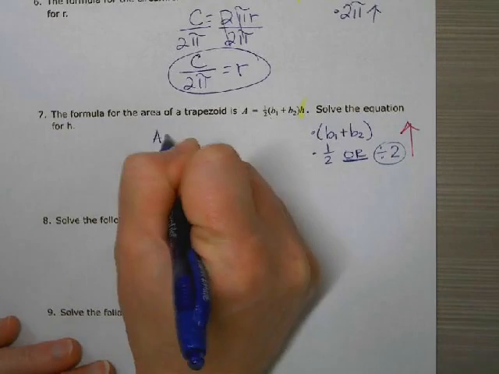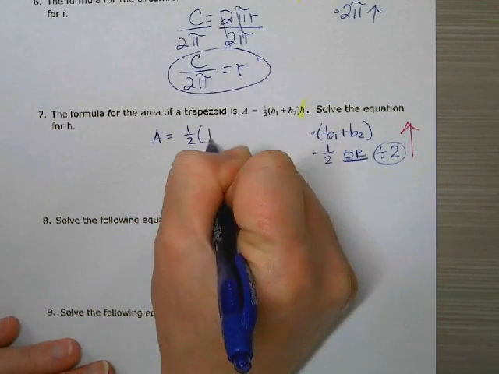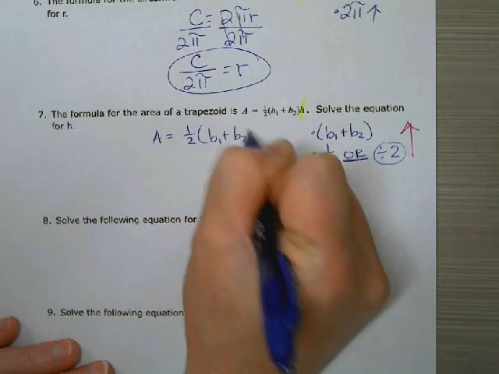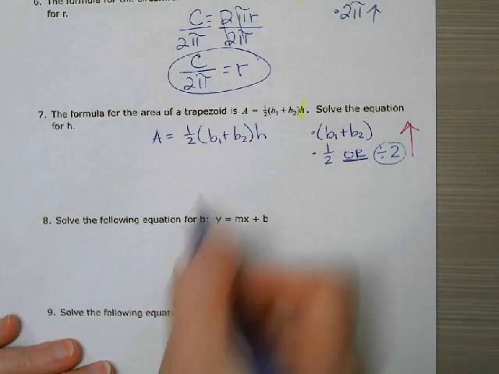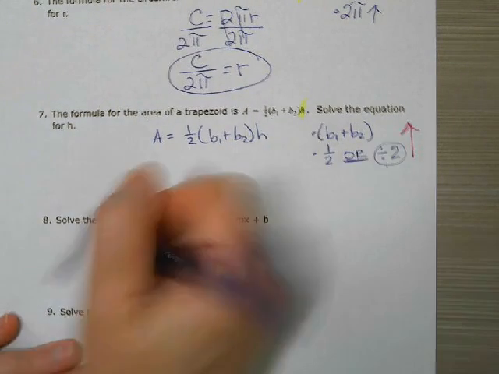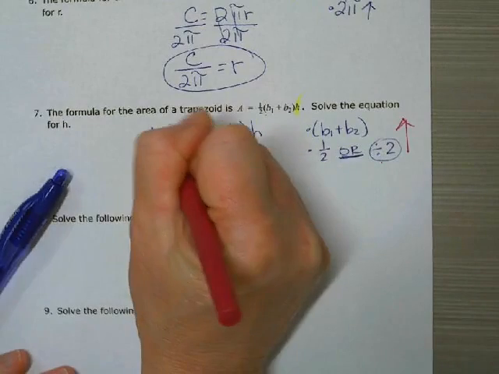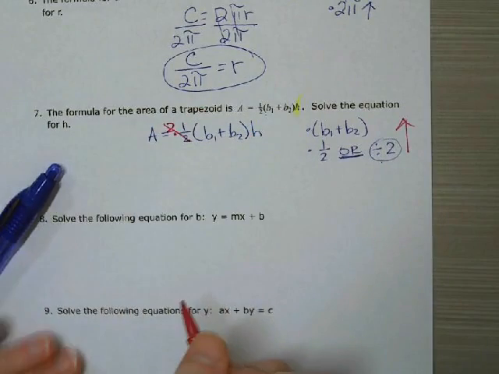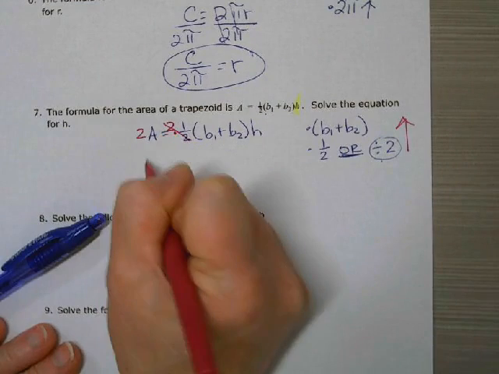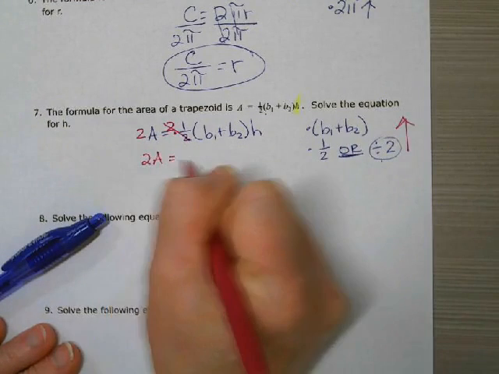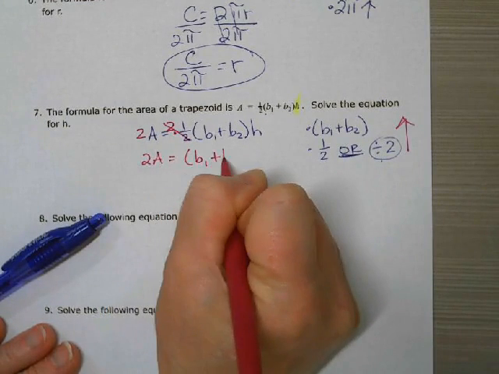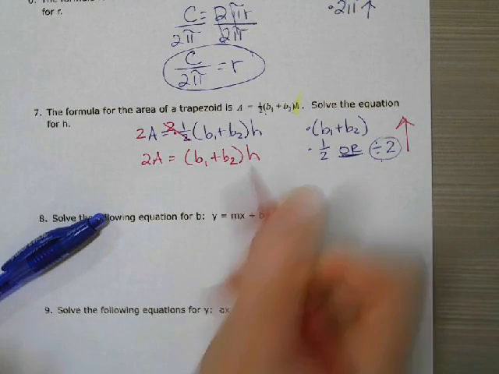So if I get rid of dividing by 2, I'm going to multiply by 2, which means that that's going to disappear. And so I'm just going to multiply by 2. So I have 2A equals b1 plus b2 times h.